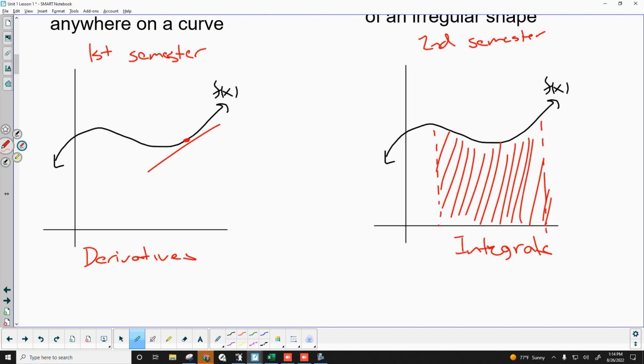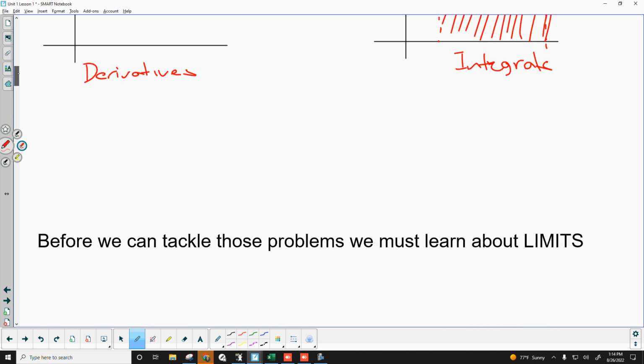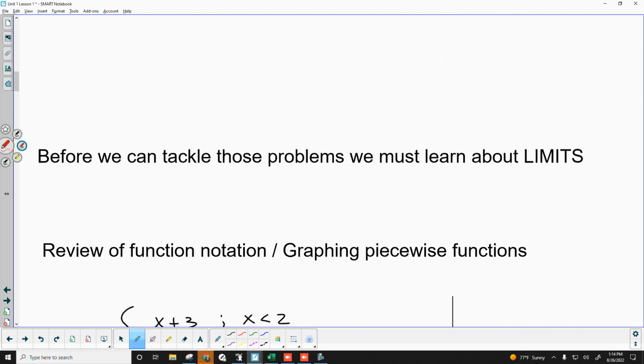We'll find that these two things are actually very related. We'll find that calculus tells a story. Learn something, learn something else, we'll apply it to the real world, we'll find it's really interesting, and we'll have a great experience in the class. But before we get there, we have to know about limits.